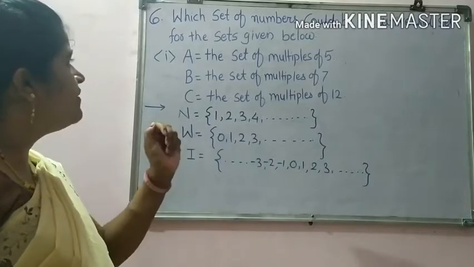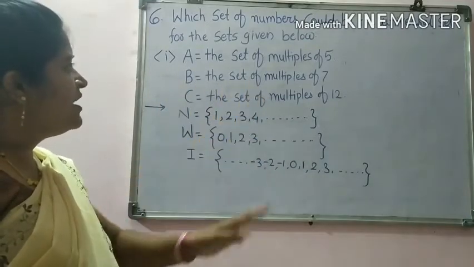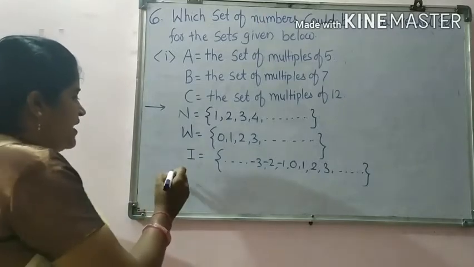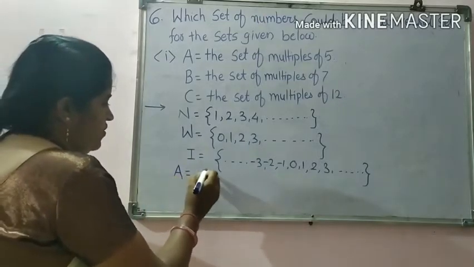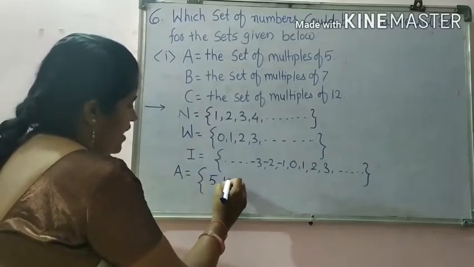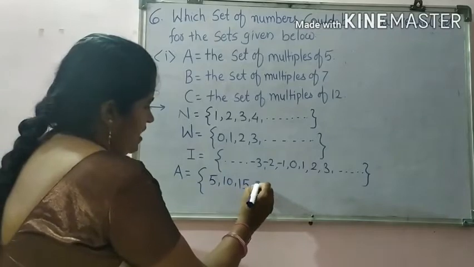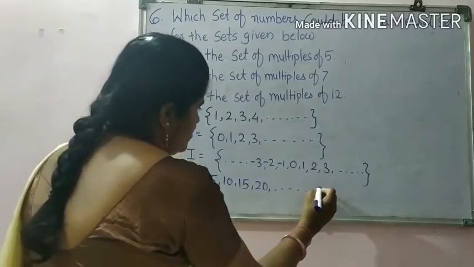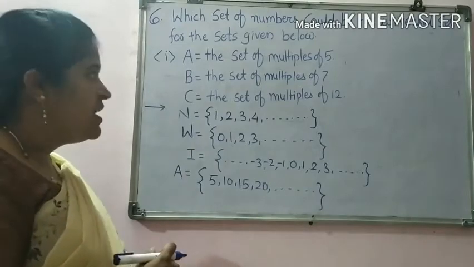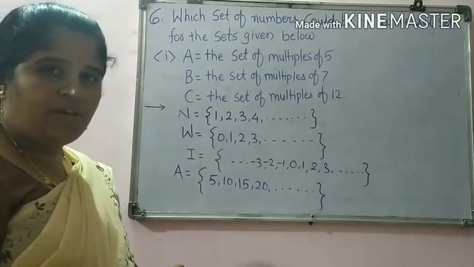Now see our given sets. A is the set of multiples of 5. Then what are the elements of set A? Set A is equal to {5, 10, 15, 20 and so on}. Then set B. Set B is the set of multiples of 7.